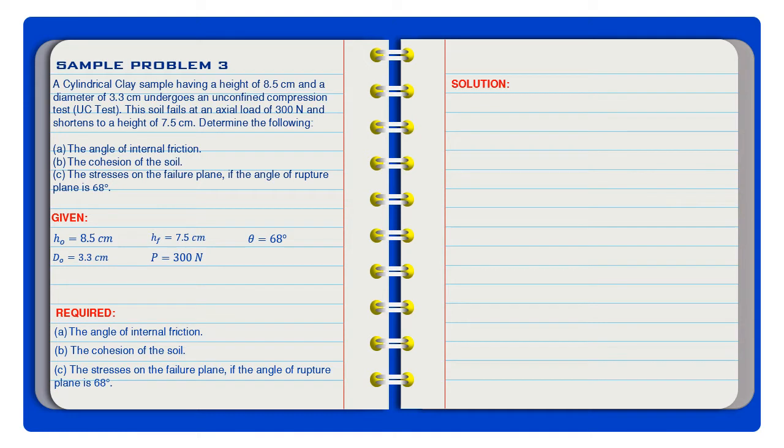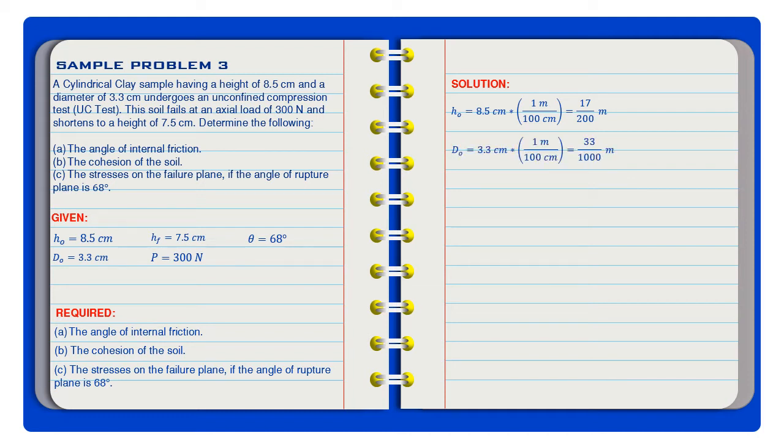So, to solve this one, what we will do first is convert all centimeters into meters and the newton into kilonewton. So, doing so, let us start with the original height. So, 8.5 centimeters, multiplied by 1 meter over 100 cm, will give you 17 over 200 meters.